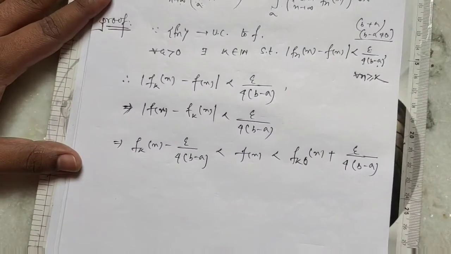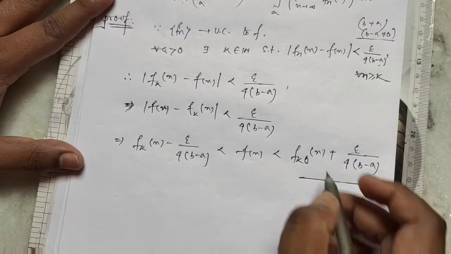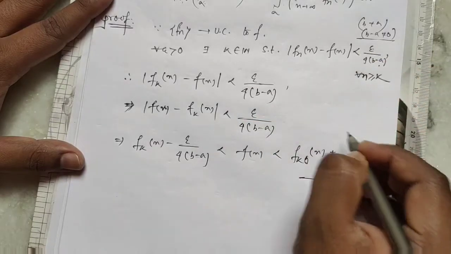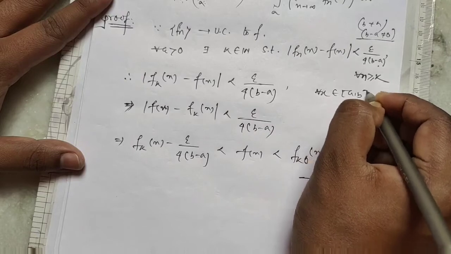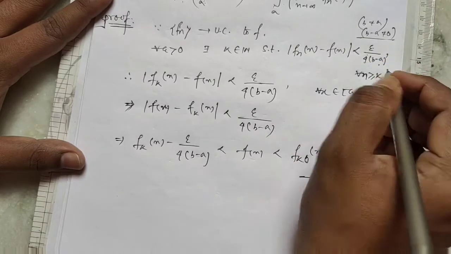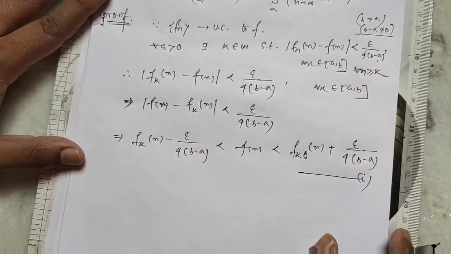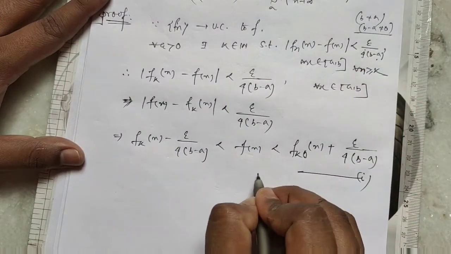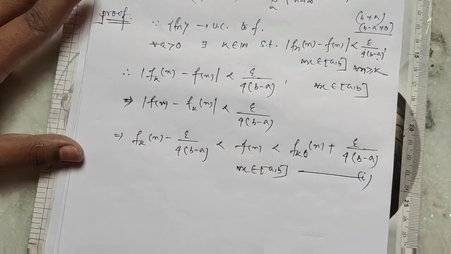If we remove the mod, we get this. Take this as 1. This is true for all x belongs to [a, b].